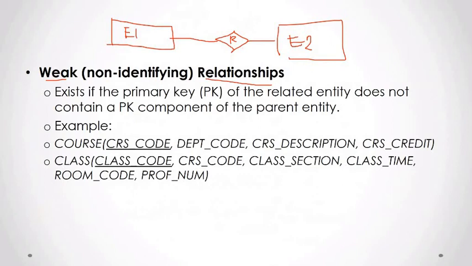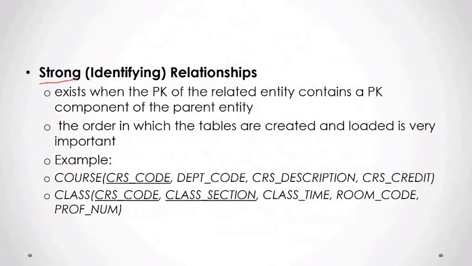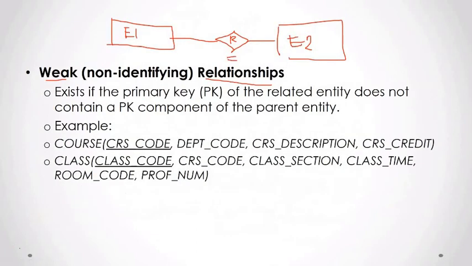So there are two types of relationships. We have the one here, which is weak, and the other one is strong. So let's look at what's the difference. Now, a weak relationship exists, meaning we can say that this particular relationship is weak if the primary key of the related entity.